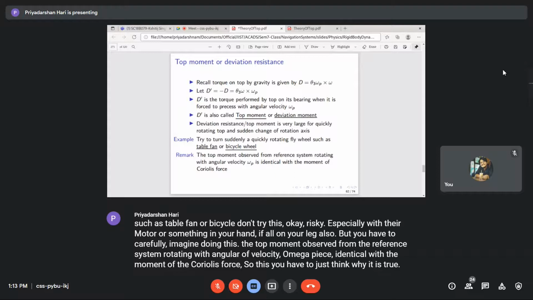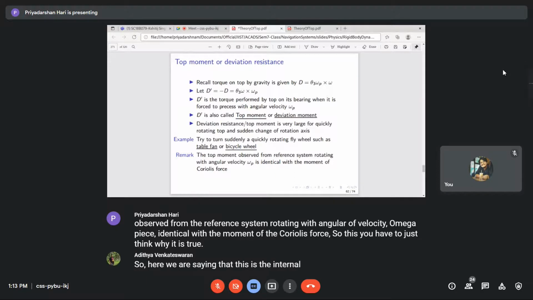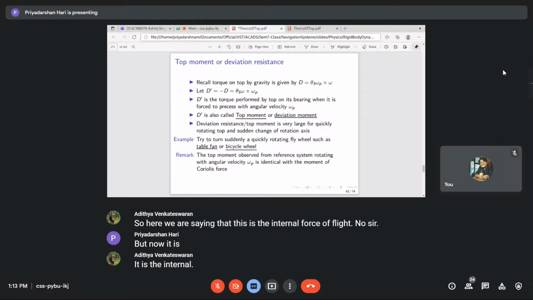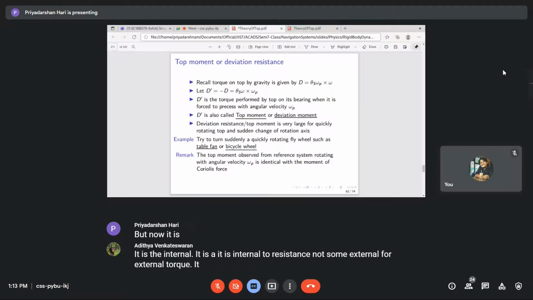Here we are saying that this is the internal force applied, no sir? It is internal to the system. It's not some external torque. It is internal torque which is due to the precession. Right.